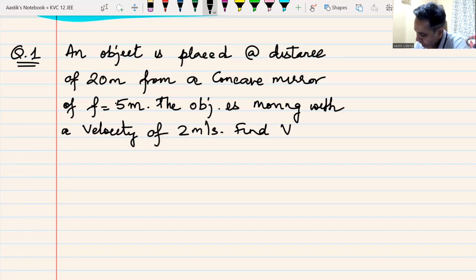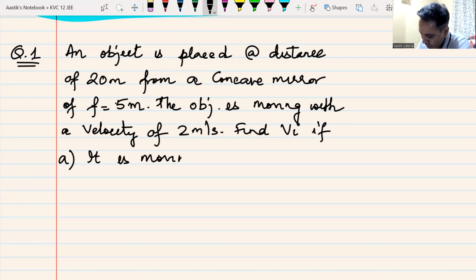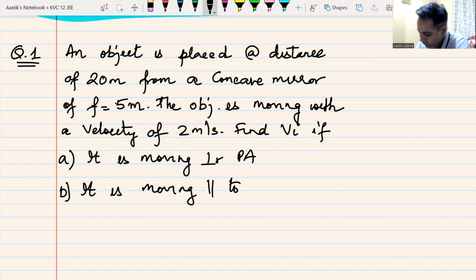Find the velocity of image if, case number 1, it is moving perpendicular to principal axis. Case number B, it is moving parallel to principal axis.